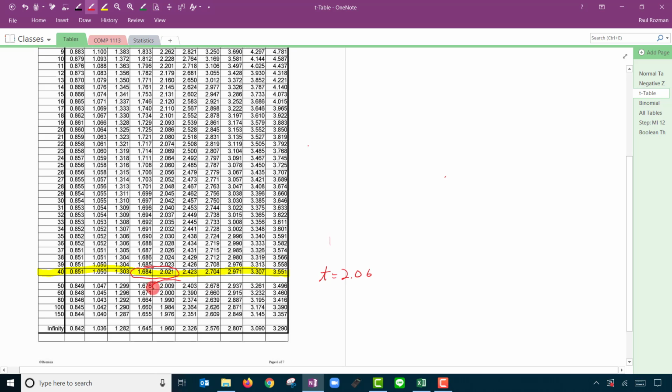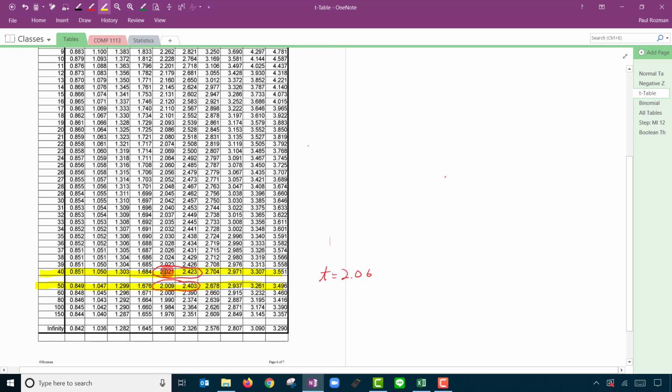2.06, I guess, is between these two. Actually, I had it wrong on the first row too. It'd be between these two. So even though I don't know what 49 degrees of freedom would be, the pattern would continue.